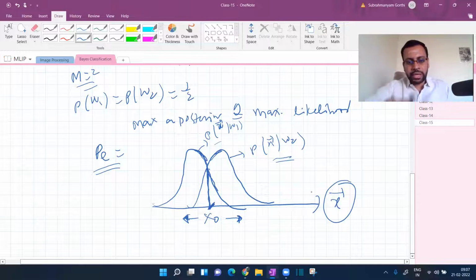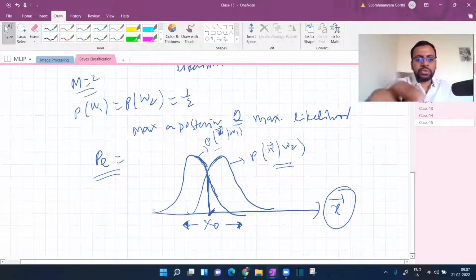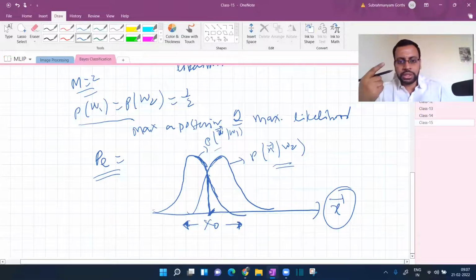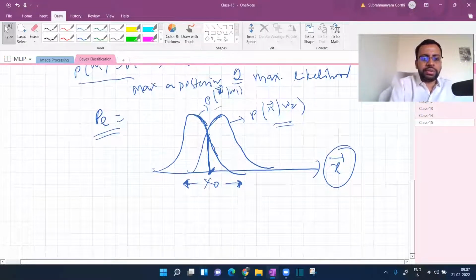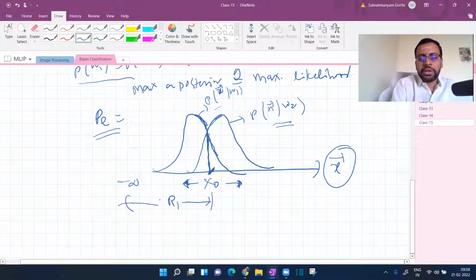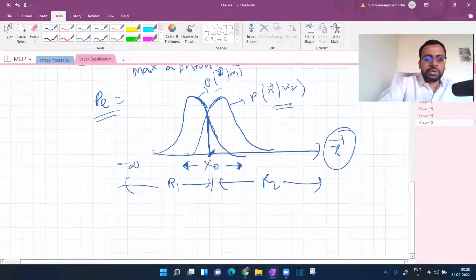This is based on the likelihoods, but in fact there is no reason why you should have all the prior probabilities equal. So taking that also into account, we have written the expressions. Let's call the region from minus infinity to x naught as R1, and the region from x naught to infinity as R2.